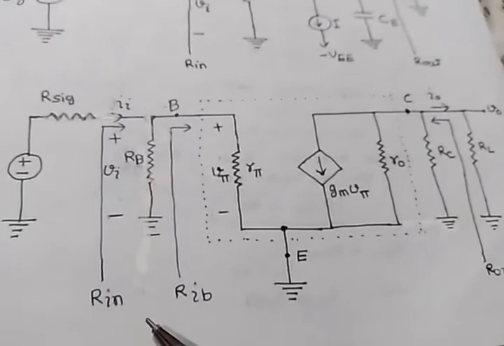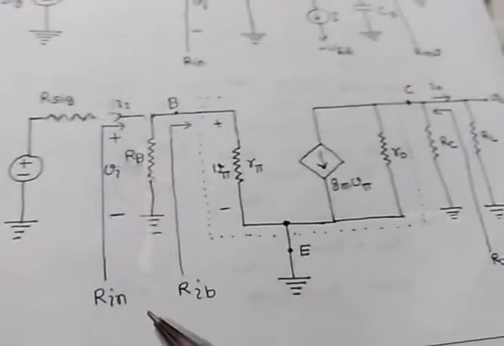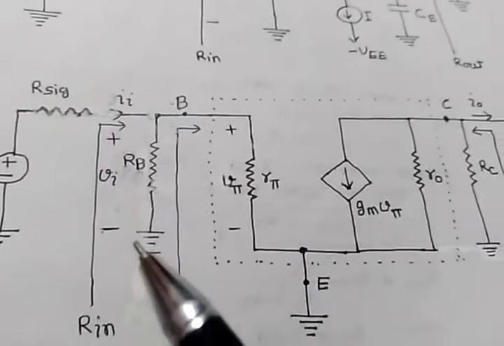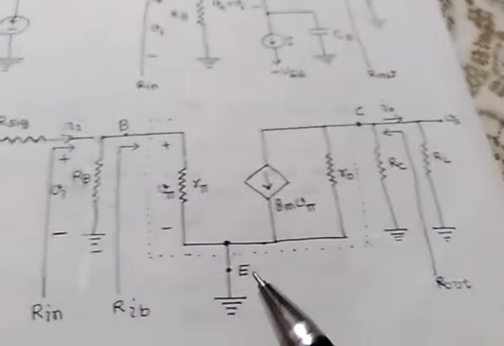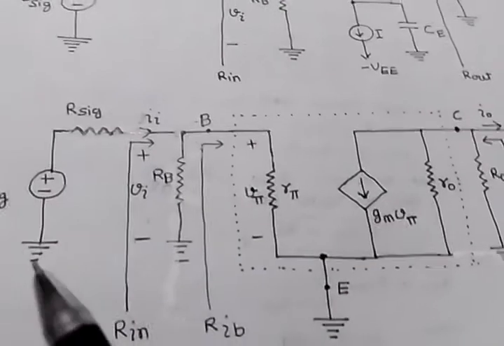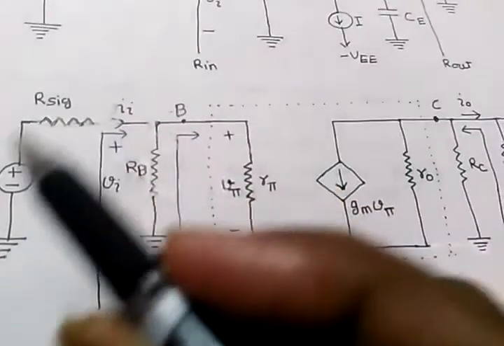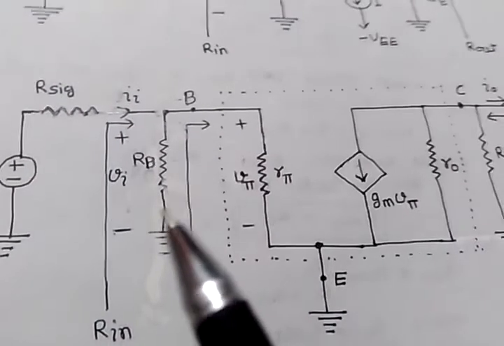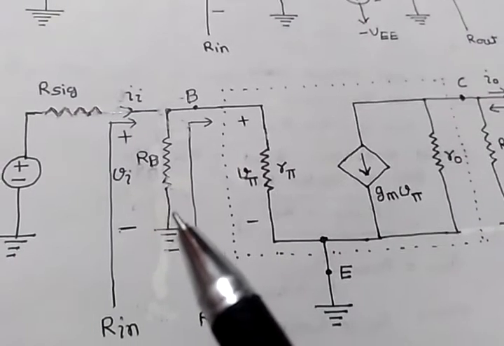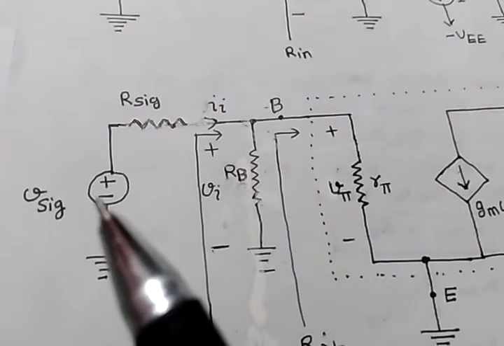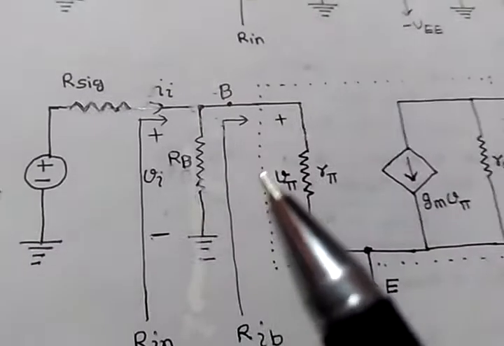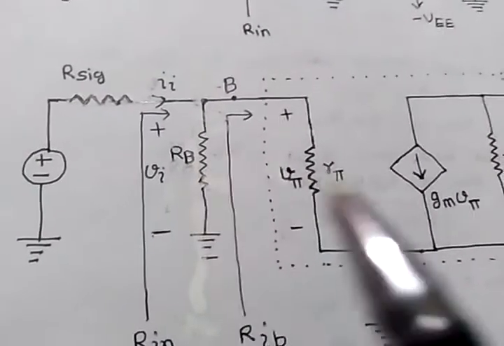To find overall voltage gain, we have to represent Vsig in terms of Vi. For this, we will use input section of this AC equivalent circuit. Input section is this section. As indicated in the figure, total resistance across the signal generator is Rsig plus parallel combination of RB and Rpi.